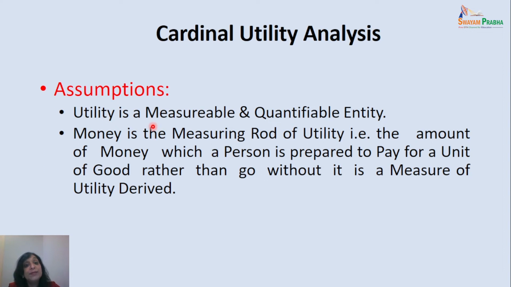And how will we measure utility? He says money is the measuring rod of utility. That is, the amount of money a person is prepared to pay for a unit of a good is the utility he is going to derive from consumption of that product. So utility is measurable and you can quantify it by the money he is willing to spend. That's the most important assumption.